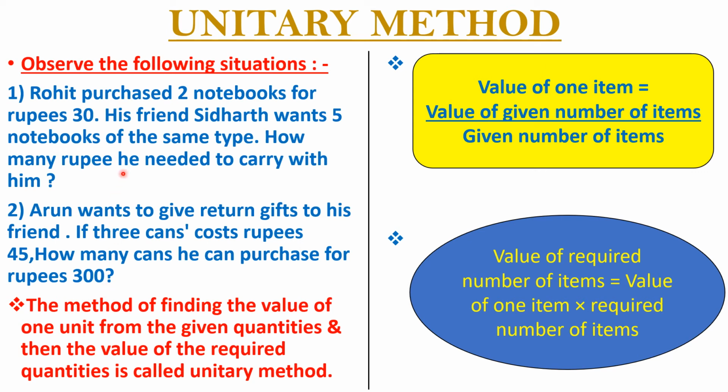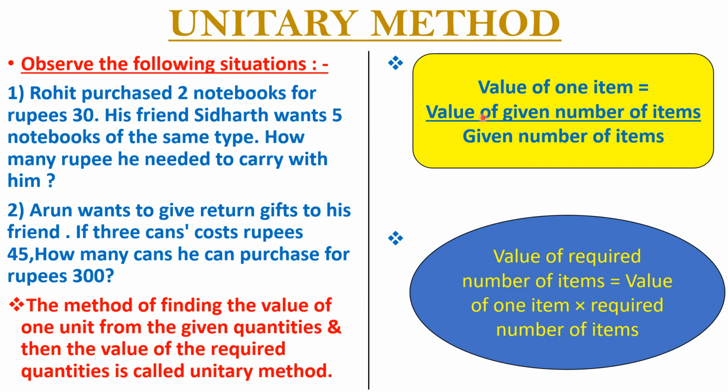Children, in these situations, we need to first calculate the cost of one article or item, then we multiply the cost of one article by the number of articles required. Hence, the method of finding the value of one unit from the given quantities and then the value of the required quantities is called the unitary method.